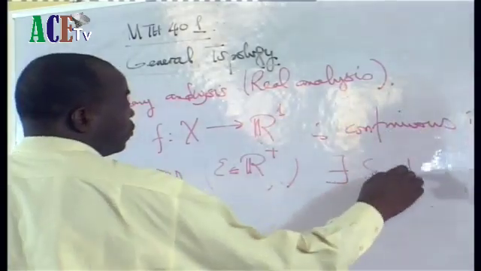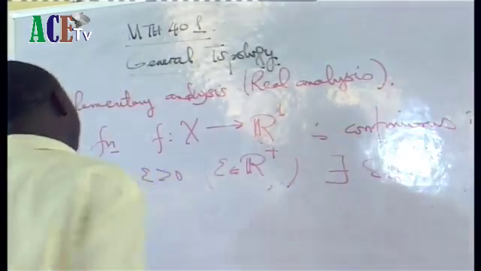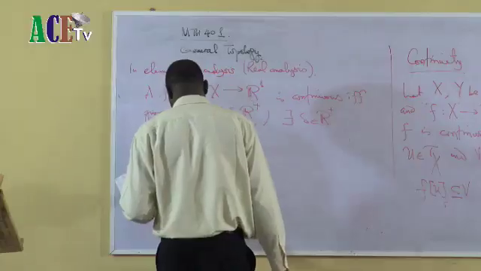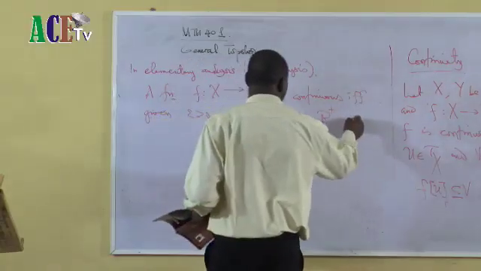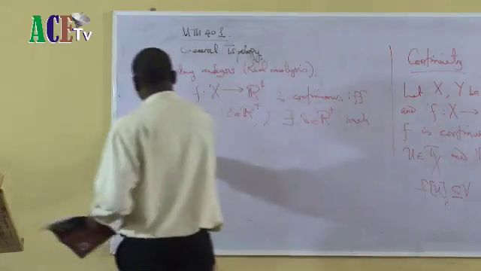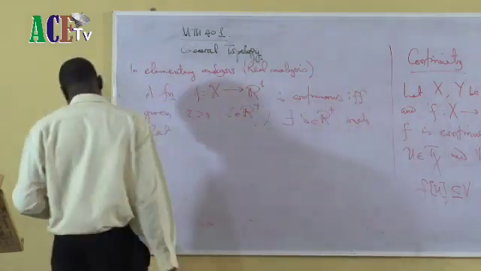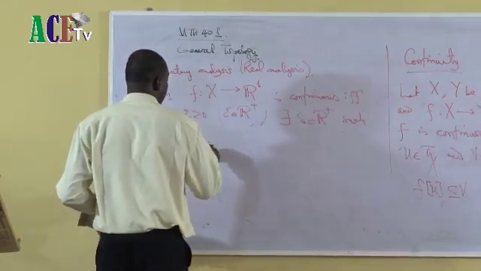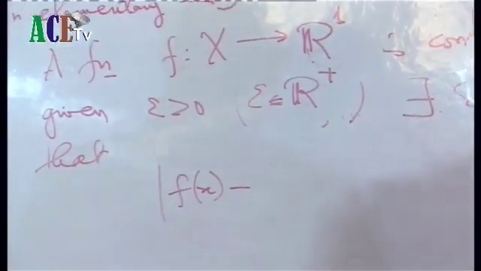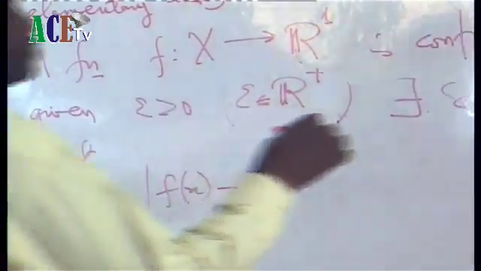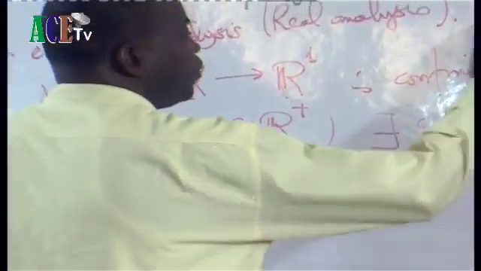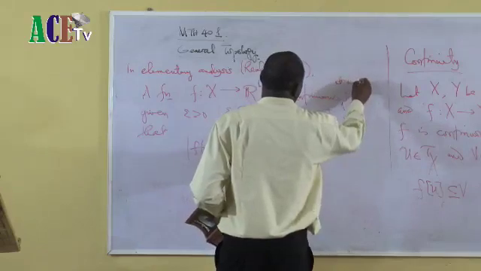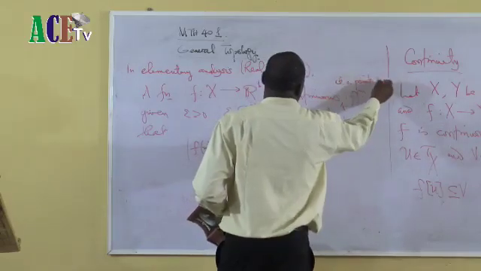We can also say it belongs to the positive real line, such that the modulus of f(x) is continuous at a point x naught here.